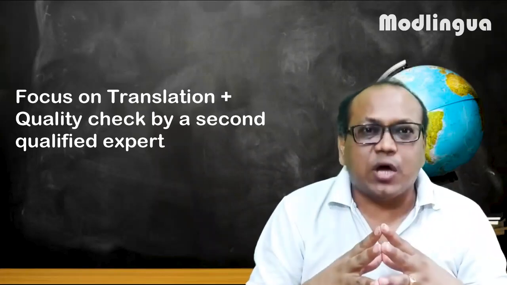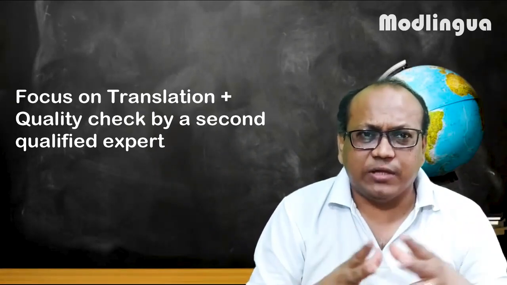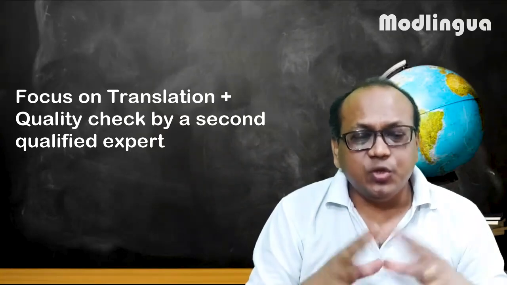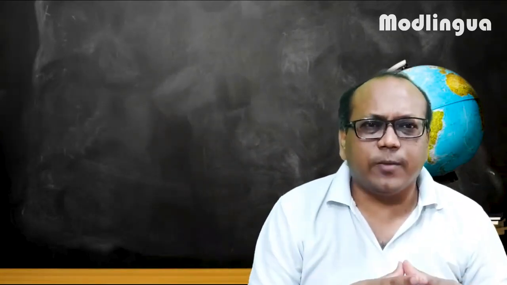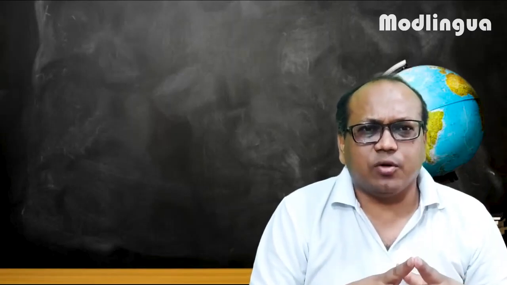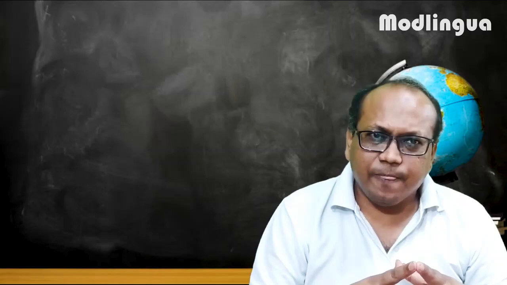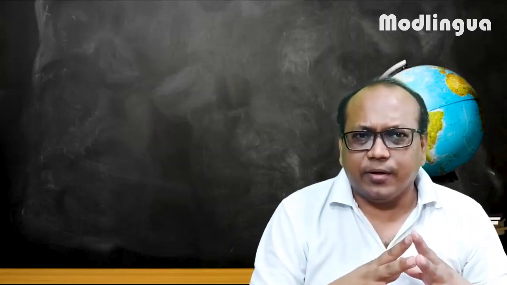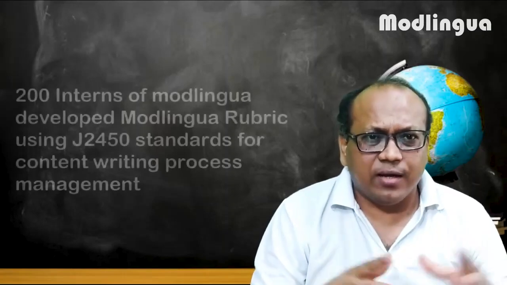But luckily in 2018, in our company Modlingua, while we had around 200 interns working with us, we did some experiments using these standards processes, including the translation omission parameters defined by the Society of Automotive Engineers quality standards, that is SAE J2450. So we used that in our project management while interns were doing content writing online for our website.